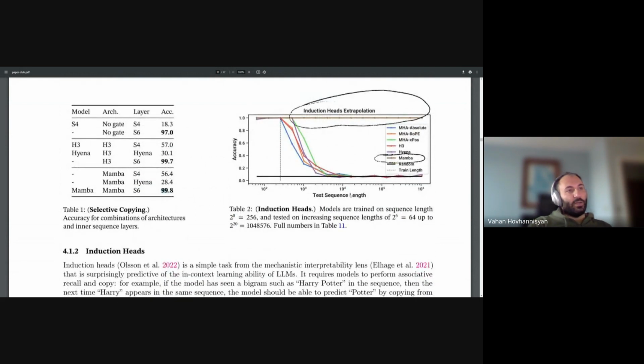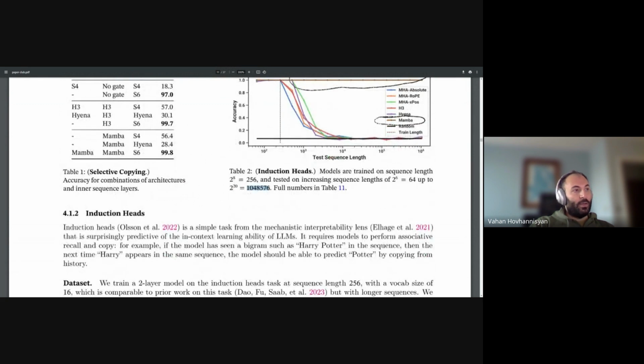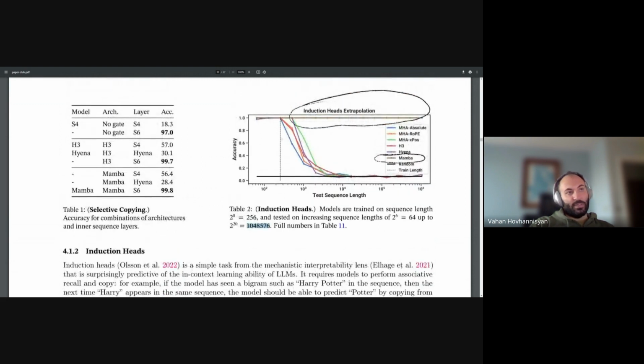The other one is a really cool plot, I think. Induction heads, right? Models are trained on different sequence lengths, up to 1 million. Okay, this is a simple task, but as we can see from this plot, as the sequence length grows, all models perform much worse, right?